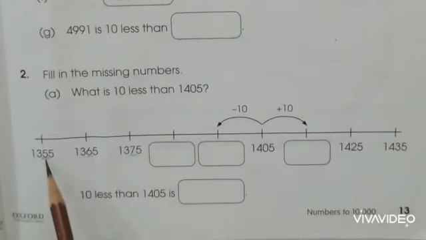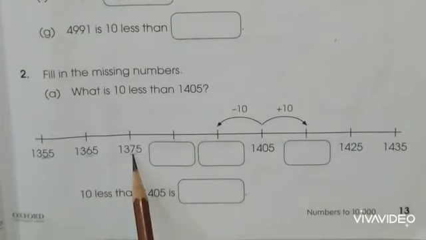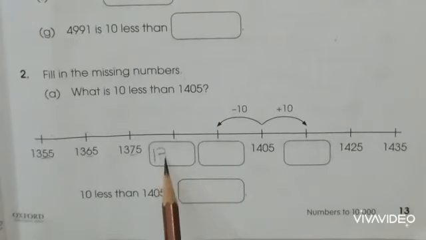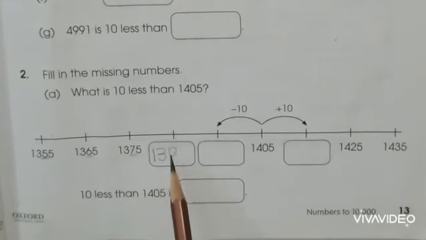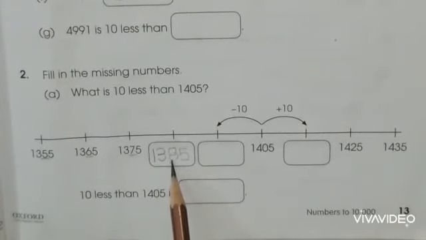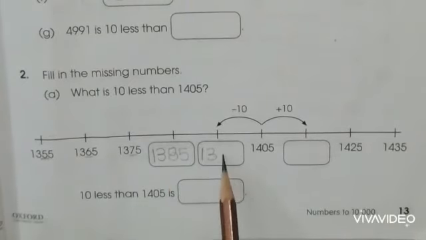In the first number, there is 5 in the column of tens, then 6. In the next number, there is 7 in the column of tens. So the answer of the blank is 1385. When we increase this number by 10, our next number would be 1395.